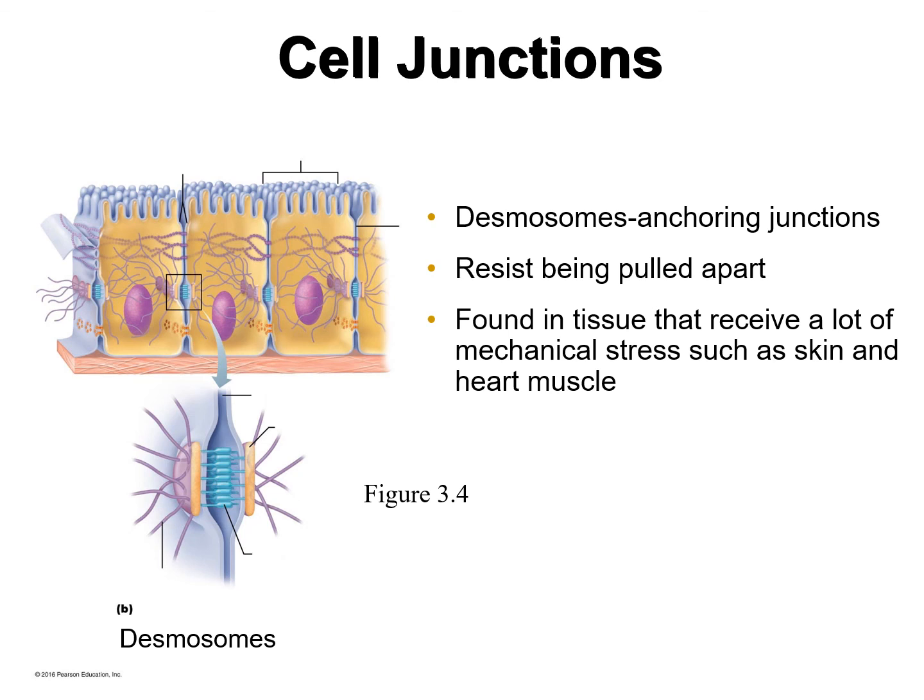Typically, they're found in tissues that receive a lot of mechanical stress, such as your skin and cardiac muscle cells of the heart. As cardiac muscle cells beat, or contract, rather, they would tend to pull away from one another. The desmosomes anchor the cardiac muscle cells to one another so that this does not happen.